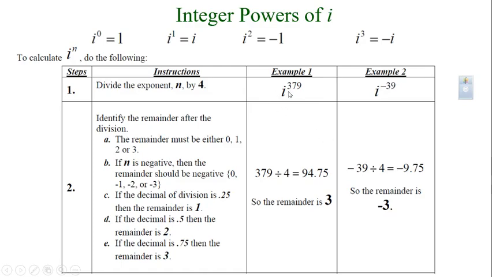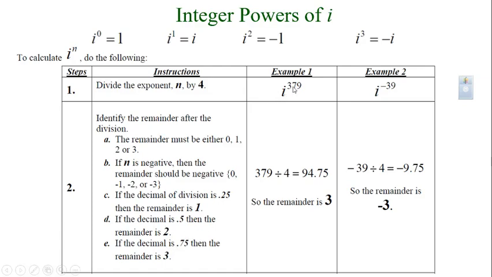And remember also, if you divide by a multiple of 4, the remainder is 0, so you'll get a whole number. If the remainder would be 1, and you divide that number by 4, you'll get something point 25. If you divide a number by 4 and get something point 5, that means the remainder is 2. And if you divide the number by 4 and you get something point 75, then the remainder is 3.